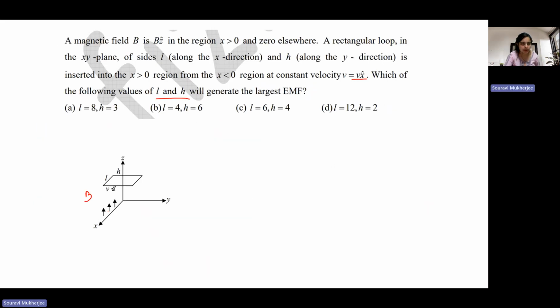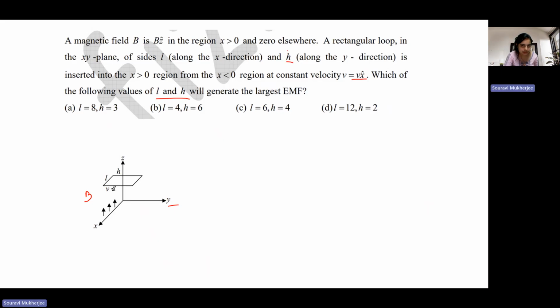So if I go back to the question that we were discussing, here the motion V is along x, and the magnetic field is along z. So what is the dimension that is perpendicular to V and B? That should be along y, right? As per the diagram and also in the question, you can see H is along y.